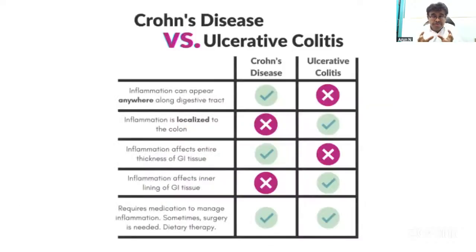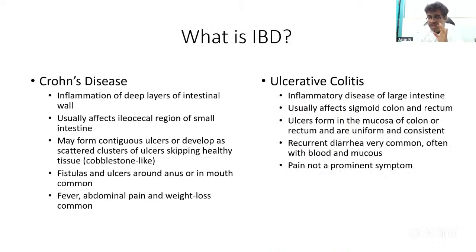Crohn's disease is a problematic entity. The patient may have multiple complications like fissure, fistulas, sinus tract, more pain in the periumbilical region, all these pointers, and it's very difficult to treat because the inflammation is deeper in Crohn's than in ulcerative colitis. You should remember all these pointers; that is more than enough.